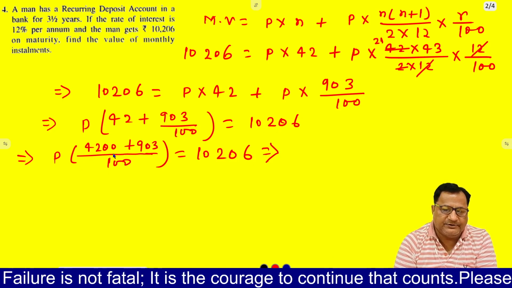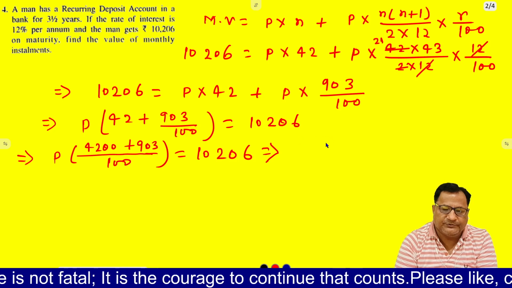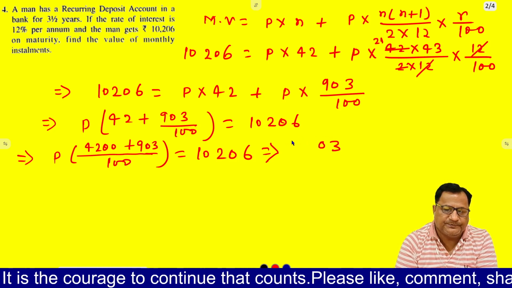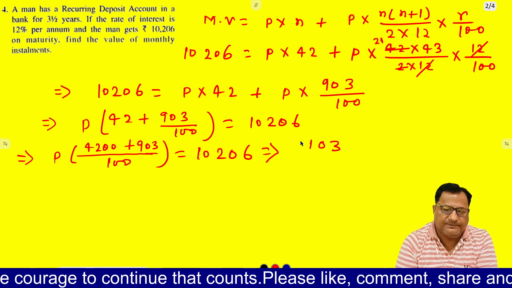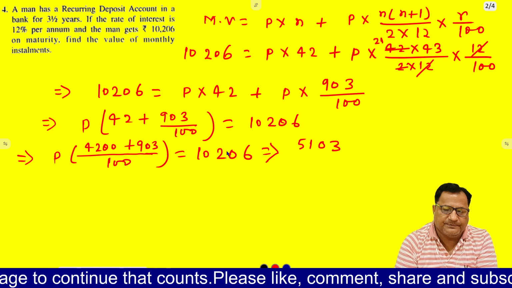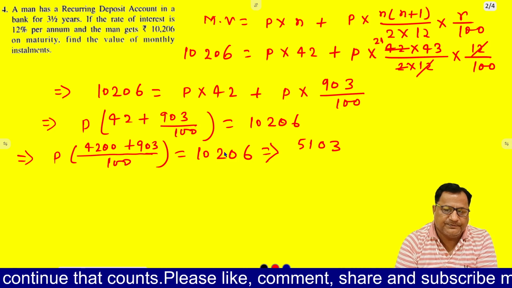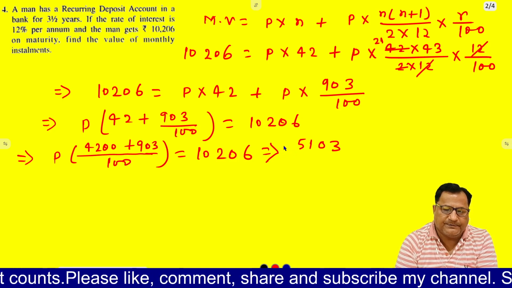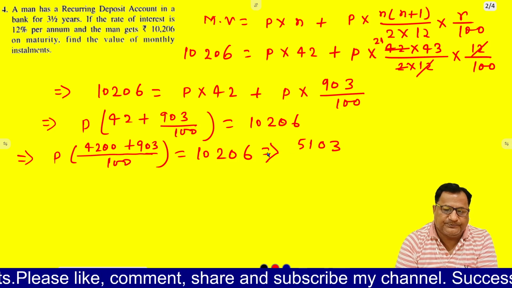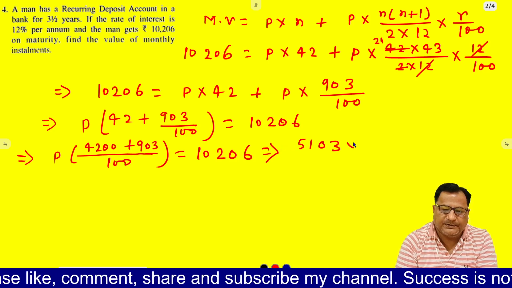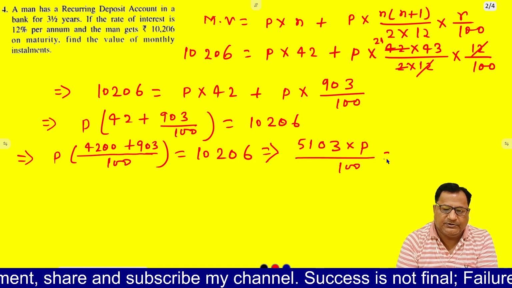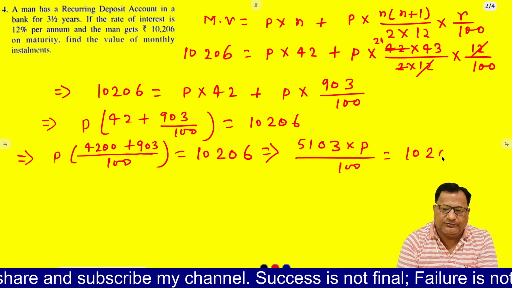If we add this, 4200 plus 903 is 5103. So P into 5103 by 100 is equal to 10206.